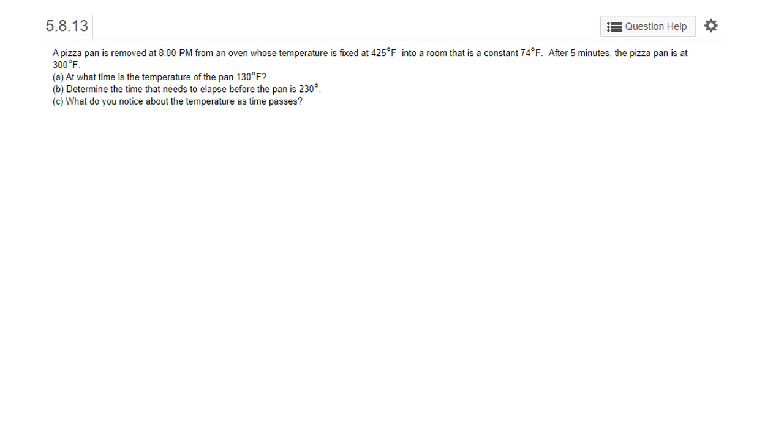Okay, there we have it. So depending on your source, the letters might be different. So what I've just looked up gives me the following. T of t equals T sub s plus T sub 0 minus T sub s times e to the minus kt as a formula for Newton's law of cooling, okay?